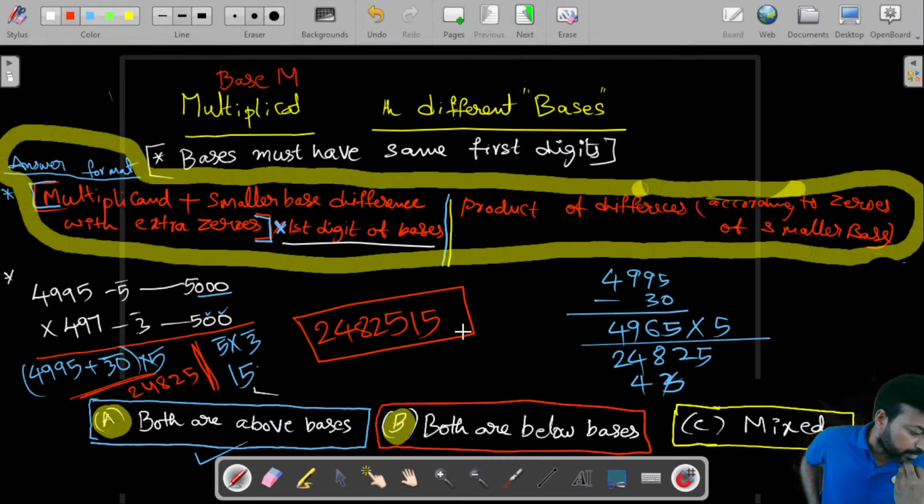Yes, Vasavi, right? Rohit and Darshit. Good. You can check using digital root also. 2482515.